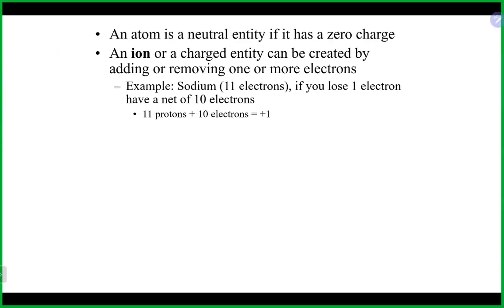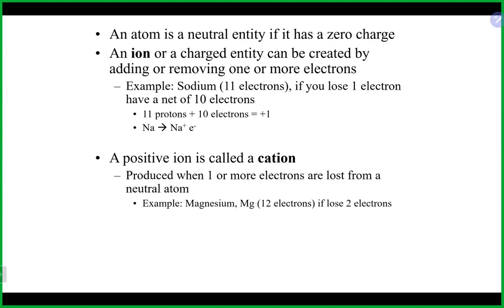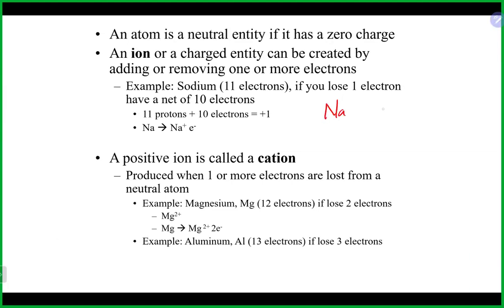Now, when we look at an ion, for example, if we take sodium, take a look at it here. If we take sodium from the periodic table, sodium is number 11. If we have a neutral sodium atom, we know it's neutral because there's nothing written right there.